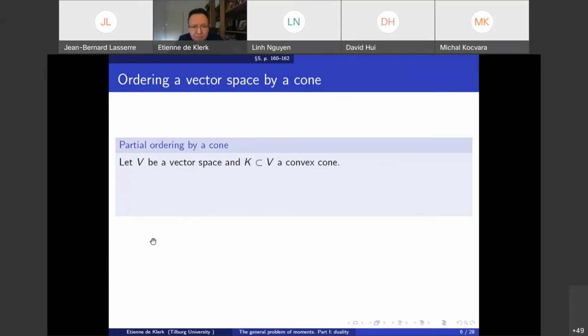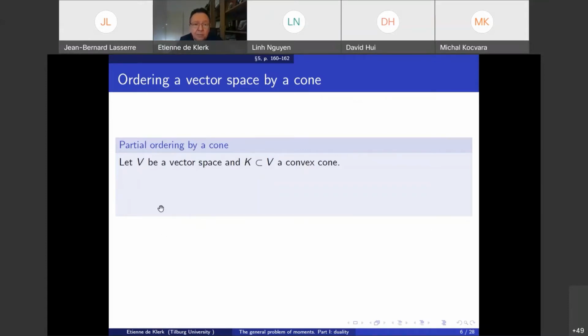So now let's look a little bit at a concept called partial ordering by a cone. We again have some general vector space, and we have some convex cone inside this vector space. Let's remember that a convex cone is just a convex set that's closed under non-negative scalar multiplication.